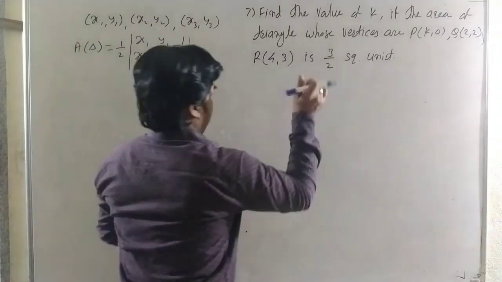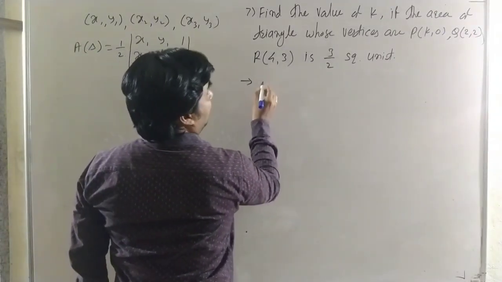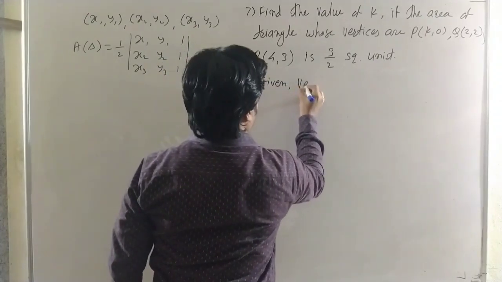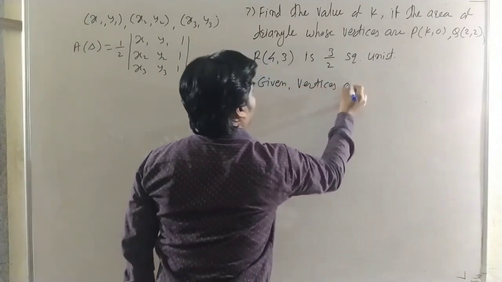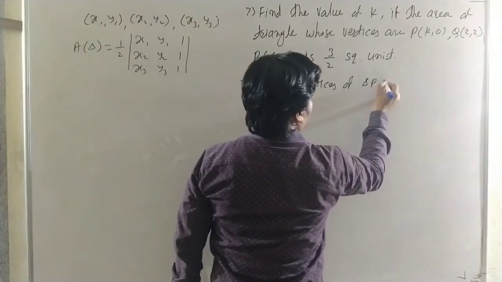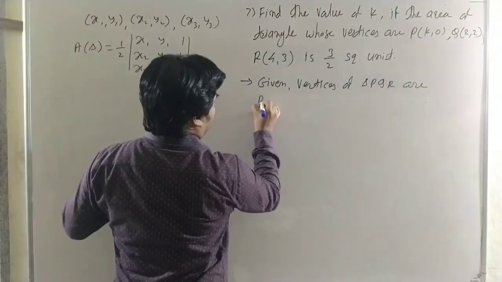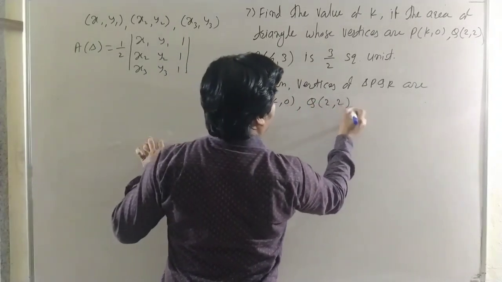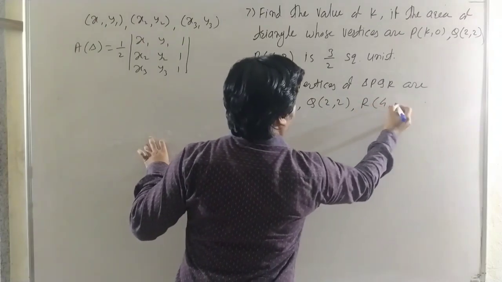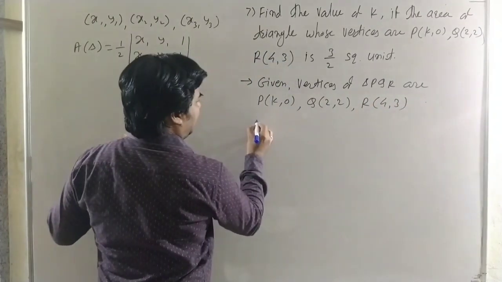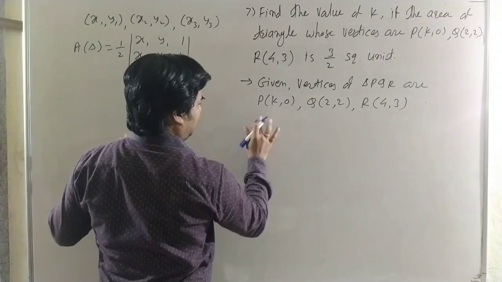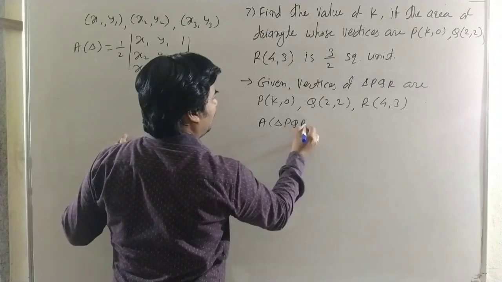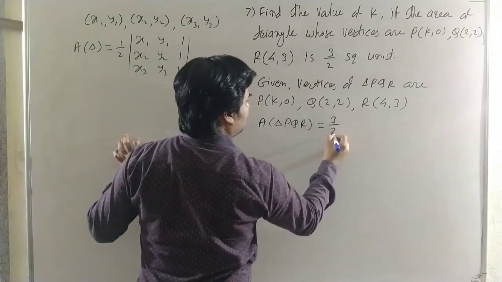Okay. Here, see carefully. Given the vertices of triangle PQR: P(K, 0), Q(2, 2) and R(4, 3), and the area of triangle PQR is equal to 3 by 2.